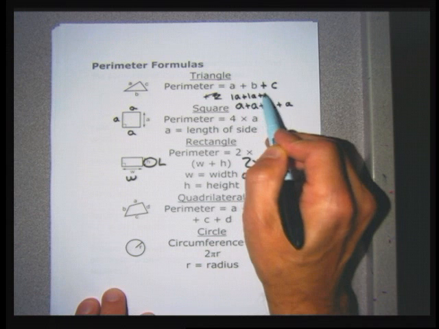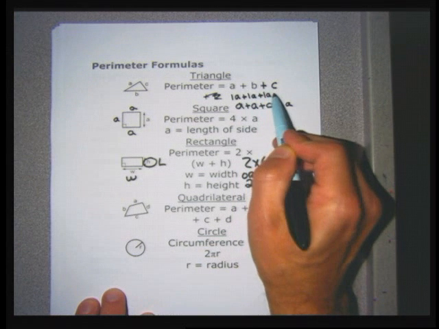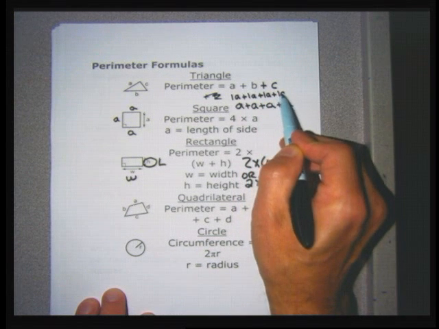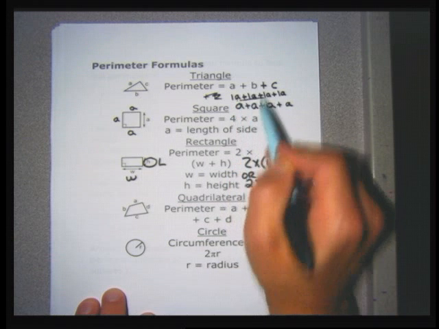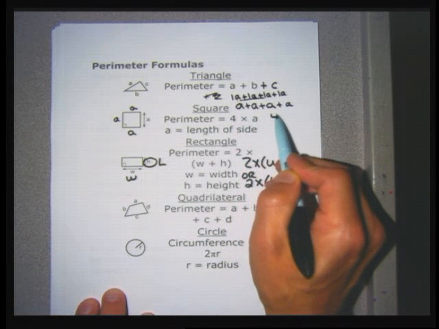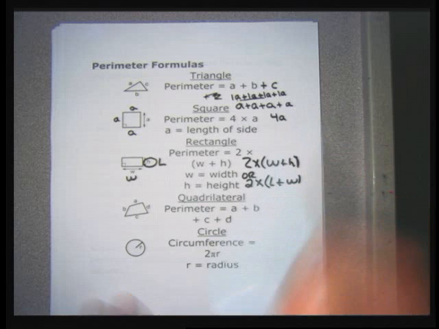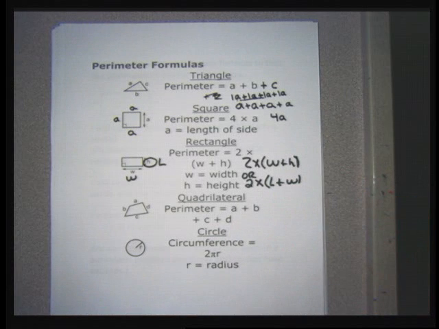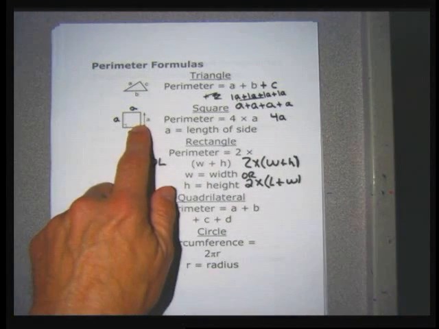The coefficient in front of the letter is 1 if none's written. And so if you add those up, you get 4A. There's a times sign between the 4 and the A that you don't really need, but I'm just emphasizing that you could find the perimeter of a square by just taking the length of one of the sides and multiplying it by 4.